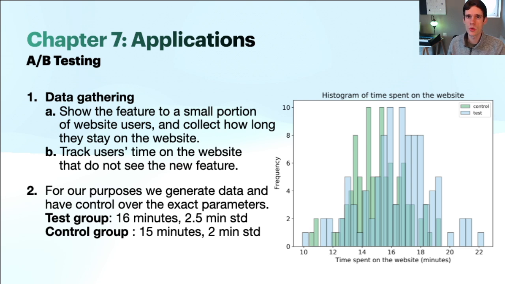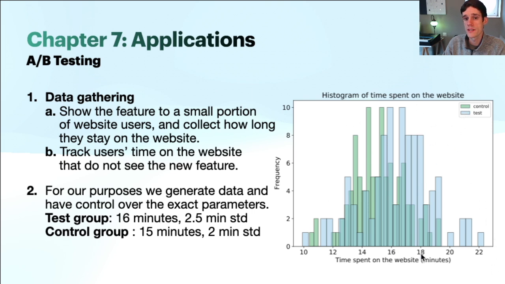Now the control group, which is a subset of our user database that doesn't see any change, so everything is the same as before on the website, has an average time spent on the website of 15 minutes and a standard deviation of 2 minutes. In this particular case, each group consists of 100 data points. Green is the control group and blue is the test group.